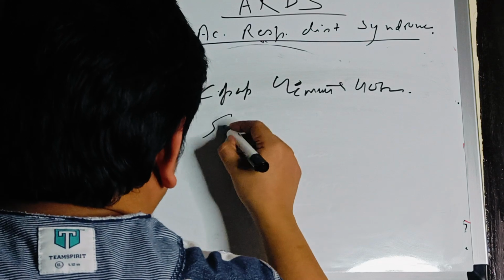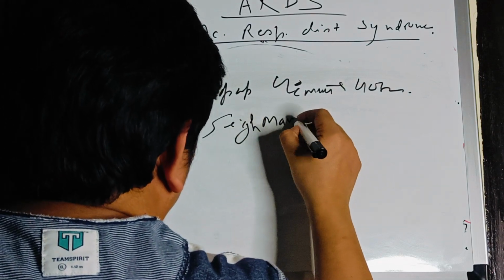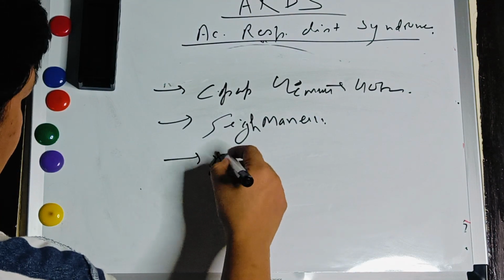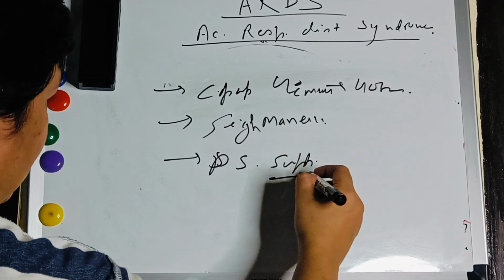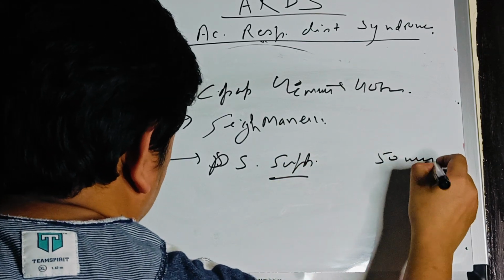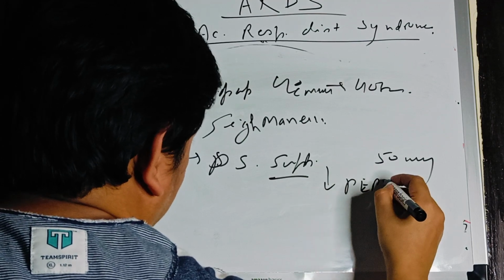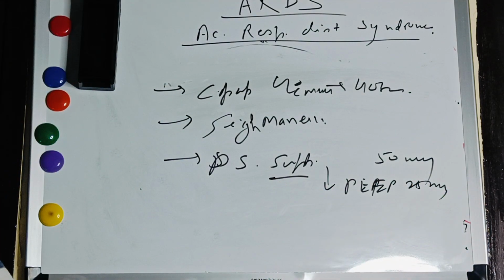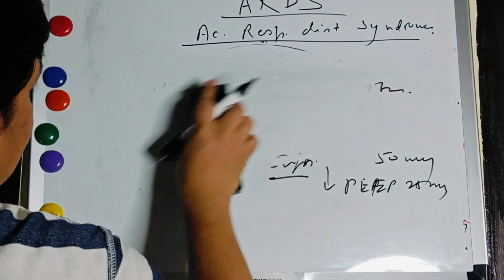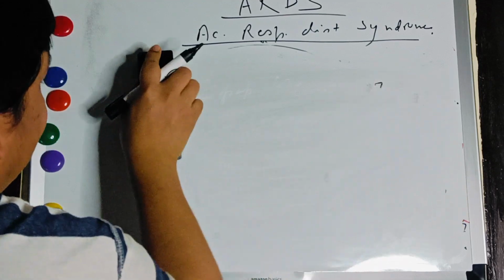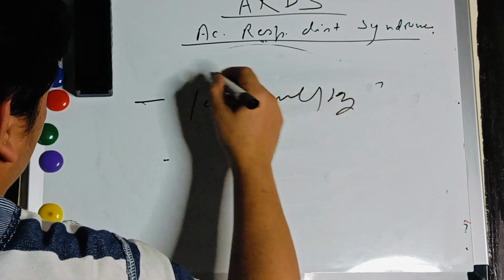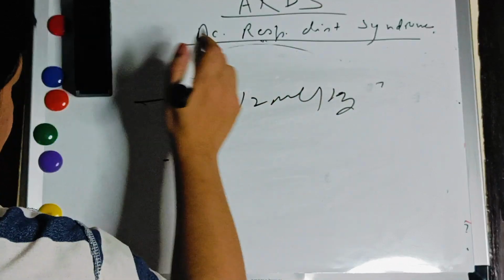We can use the sigh maneuver on the ventilator, or pressure support mode, with pressure up to 50 mmHg and PEEP up to 25 mmHg. So these are the things for recruitment. Or we can use high tidal volume intermittently, 10 to 12 ml per kg body weight. This will also provide lung recruitment.